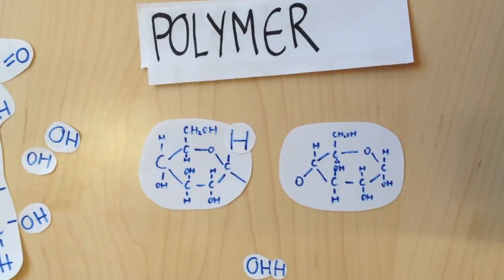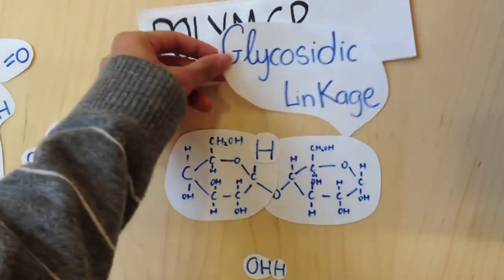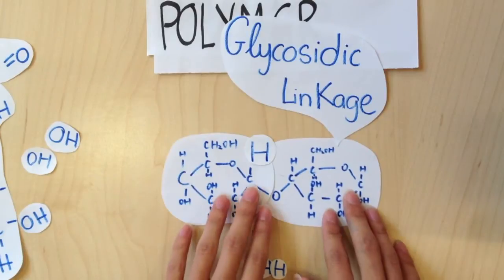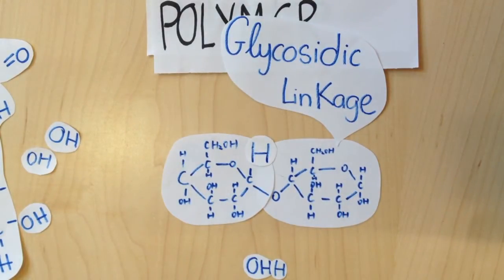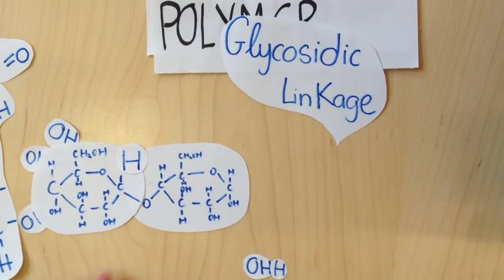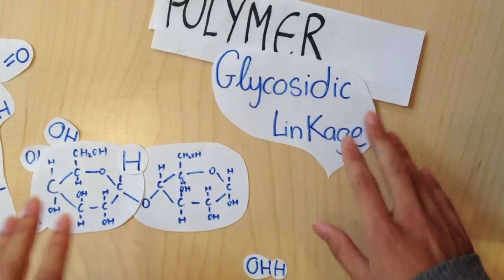This process is called dehydration. And the rest of these two parts will be linked by a glycosidic linkage, like this. So this is actually a disaccharide, and by repeating this process, we will have more and more after this, which will finally form a polysaccharide, which is a polymer.